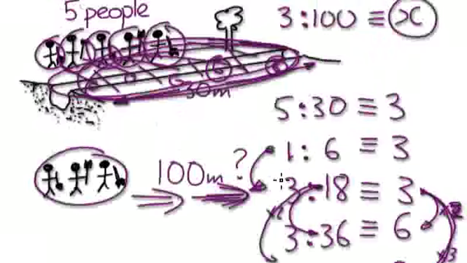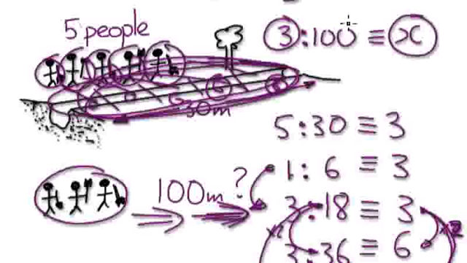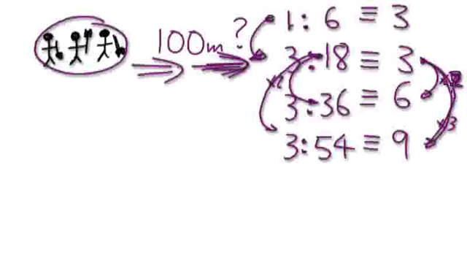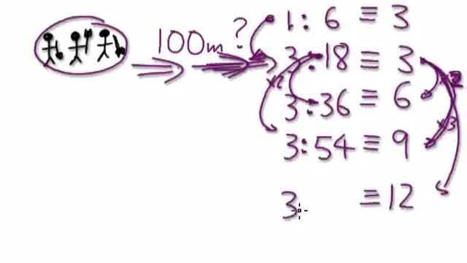Now remember, you're trying to get to 100 and then figure out the time here. So now let's go back to this bit here. If you times it by 4, then in 12 days, 3 people can dig 72 meters.